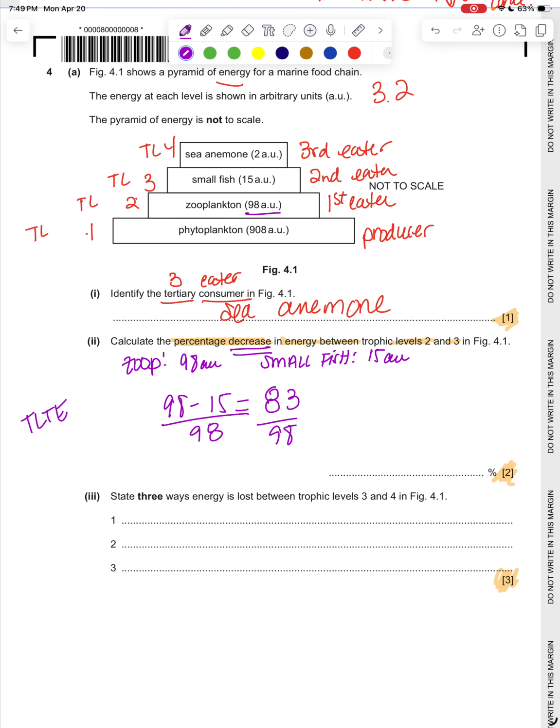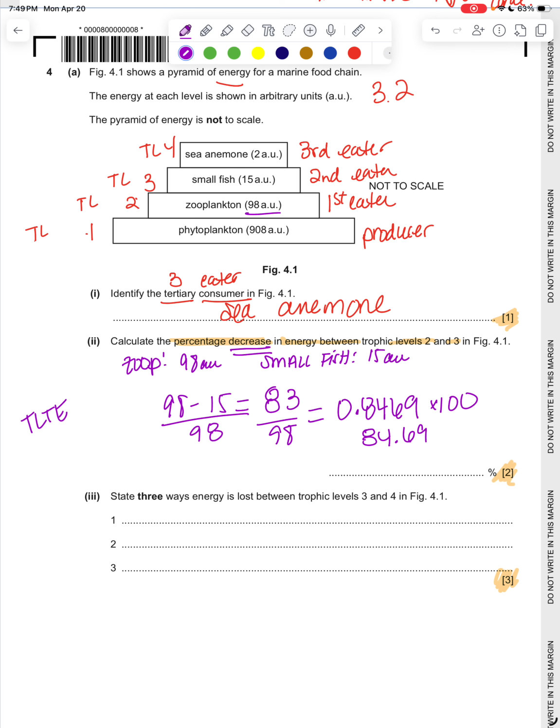You should get 85%. 83 times 98. I said times. Get out of here. Divided by. You get 0.8469. Okay, multiply by 100, and then you'll see it in your percent, and it's 84.69.